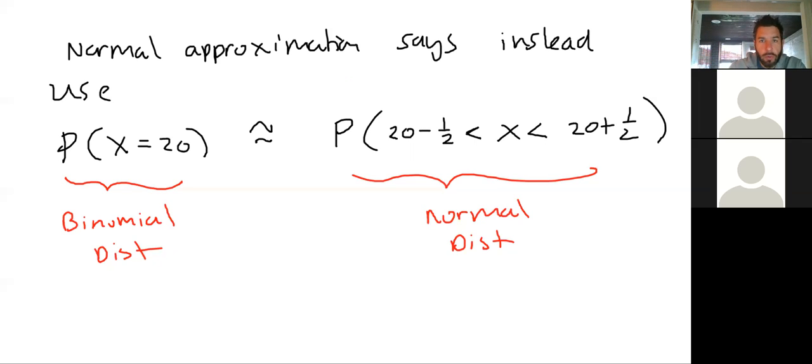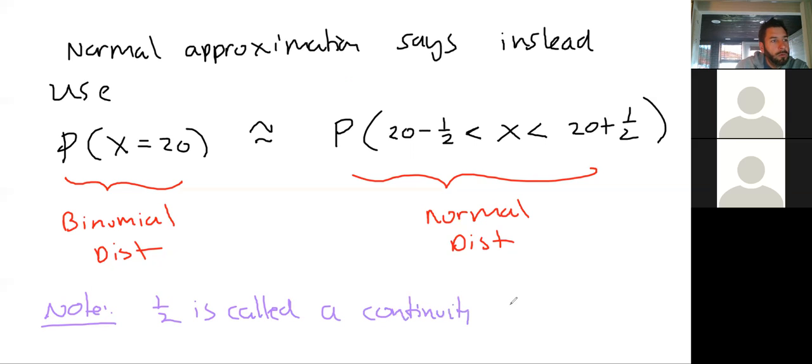You might also say, well, where's that 1/2 coming from? Well, we mentioned this last week. The 1/2 is called a continuity correction. And again, going into what that means requires that you have an understanding between discrete and continuous probability distributions.